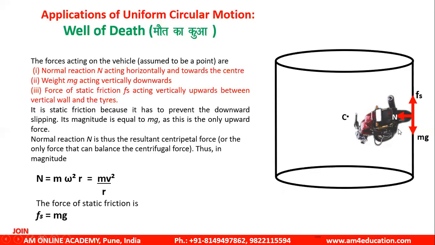Assume that this motorcycle is moving along this cylinder, this well, in a horizontal circle of radius R, and this is the center C. The radius is not shown here, but it is clear that the radius of this cylinder is R.